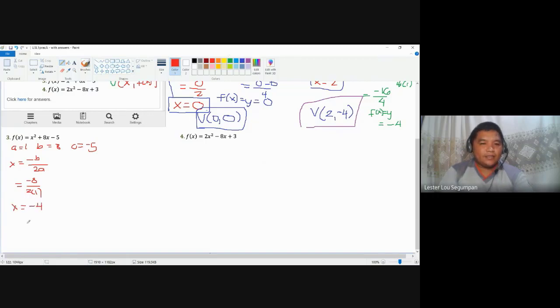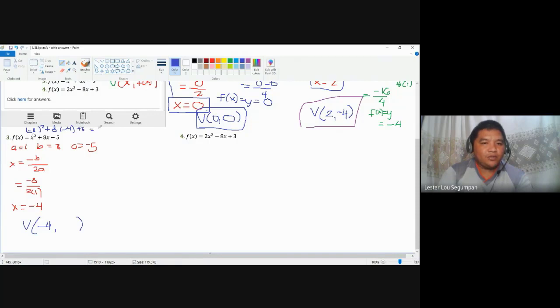So your vertex is a point with -4 and then a partner later. Again, you may use the second scenario automatically. So let's use the second scenario: -4 squared plus 8 times -4 plus 5.